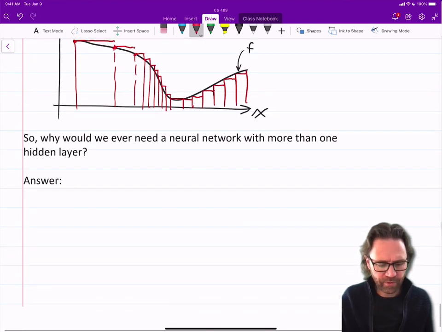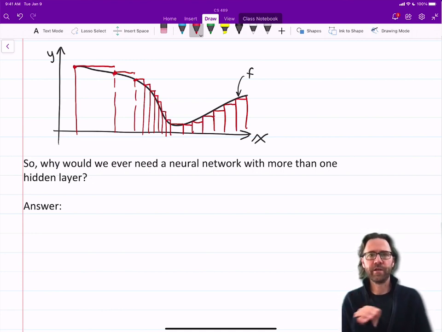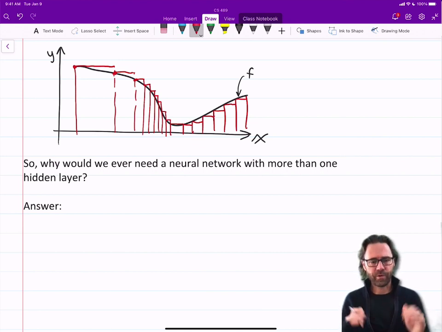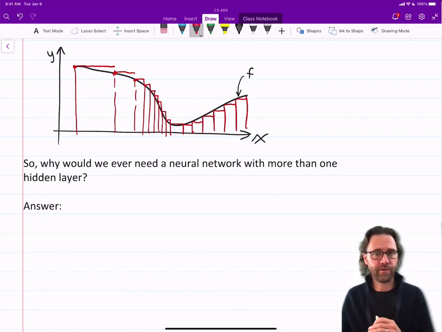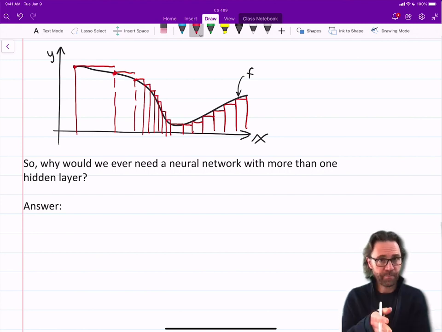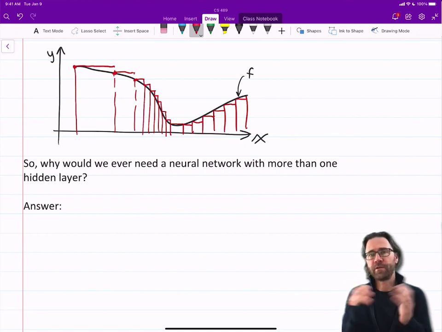Okay, so now you might be wondering, why would we ever need a neural network with more than one hidden layer? This theorem shows that with a single hidden layer, you can get arbitrarily close to modeling any function you want. So the question is, why would we ever make a neural network with more than one hidden layer? The problem is that the number of hidden nodes, the number of neurons in that hidden layer, will depend on your epsilon constraint, and on the function as well.